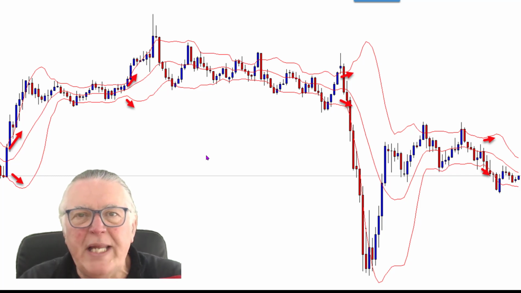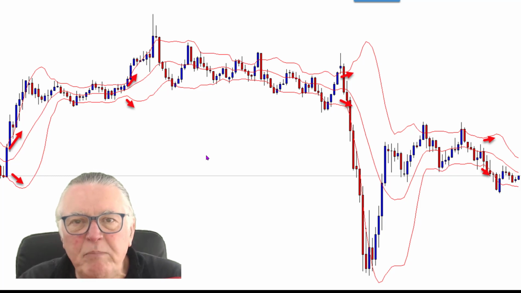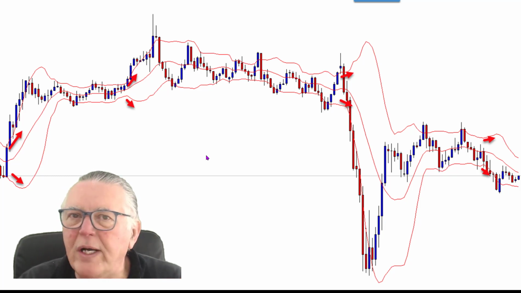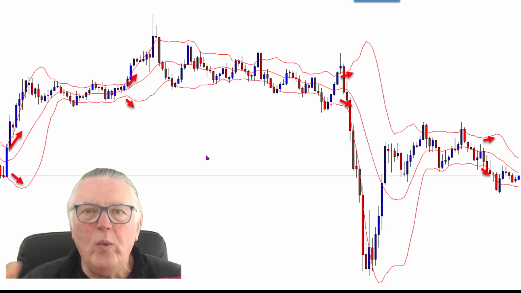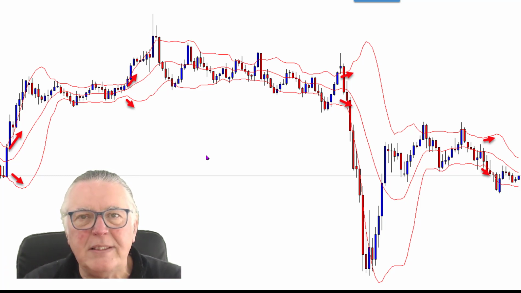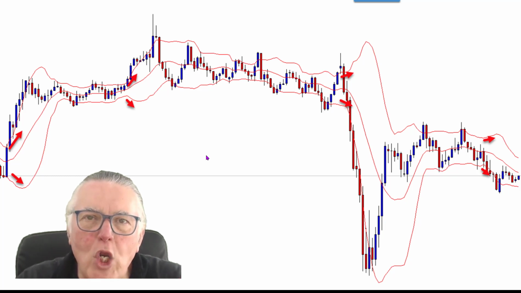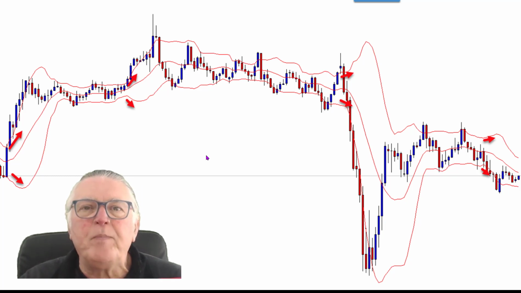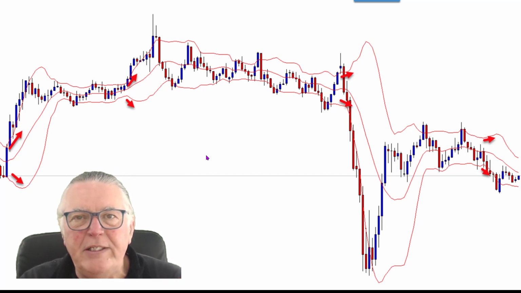So it consists of an upper band and a lower band, and in the middle is a moving average that it revolves around. So this makes it a fantastic tool to tell us when the market is going sideways and when it is trending. When the bands are a long way away from each other, it is obviously trending, and when they are pinching narrowly together, then it is a sideways market.